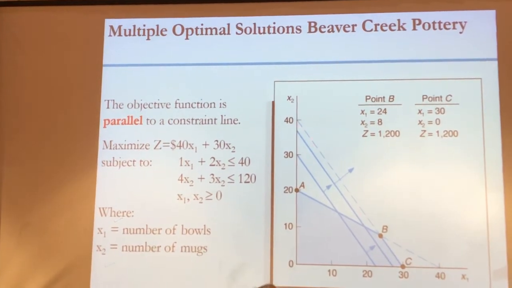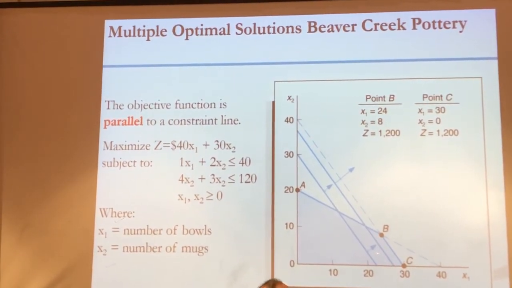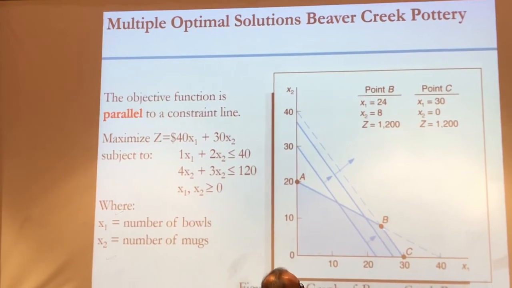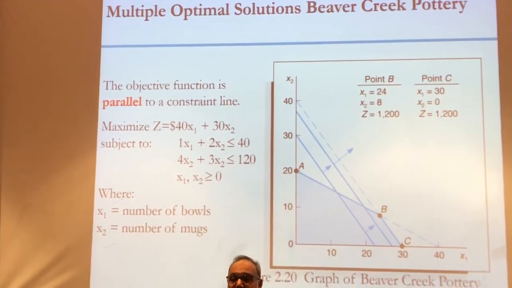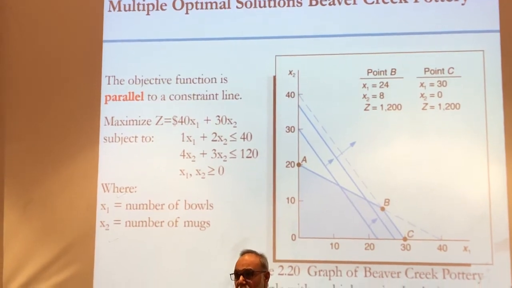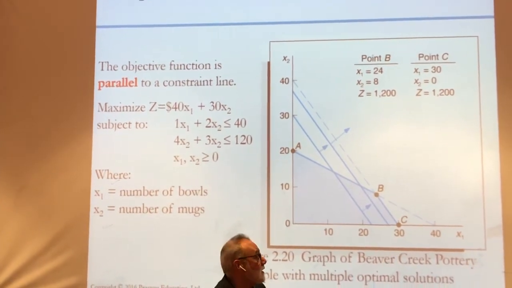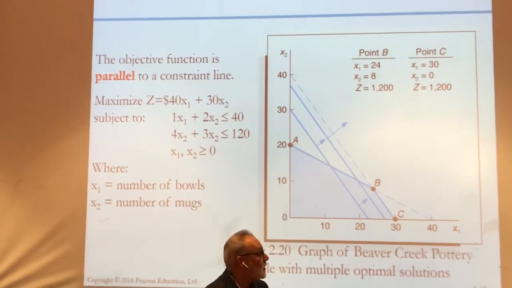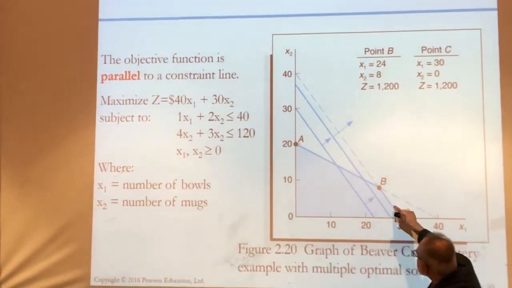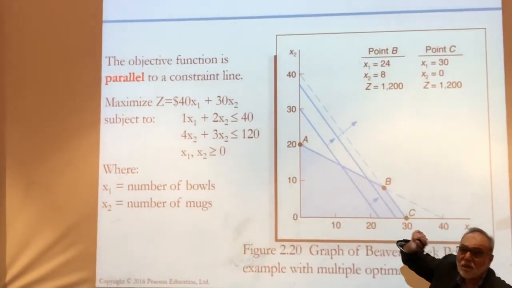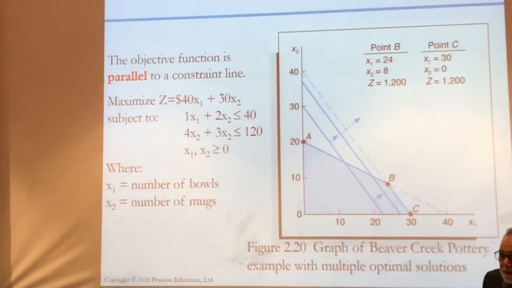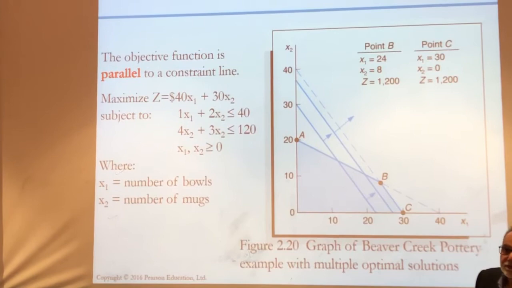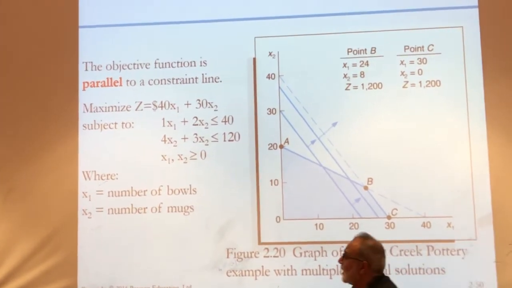Exactly parallel to this constraint. So it will be sitting on top of it, and these two corner points will have the same optimal solution. In fact, because it is an isoprofit line, any of the infinite number of points on it will all give the same answer, same optimal point.